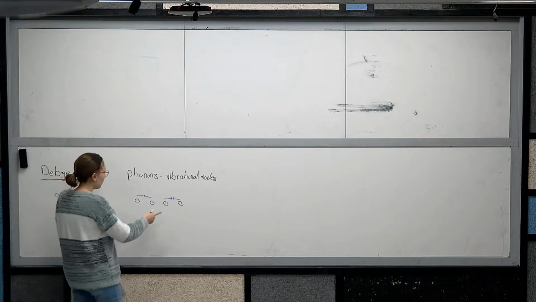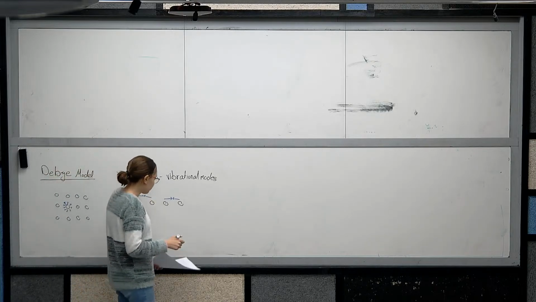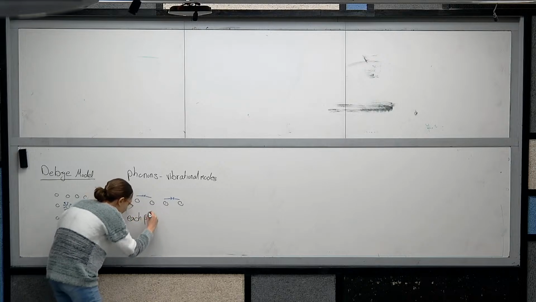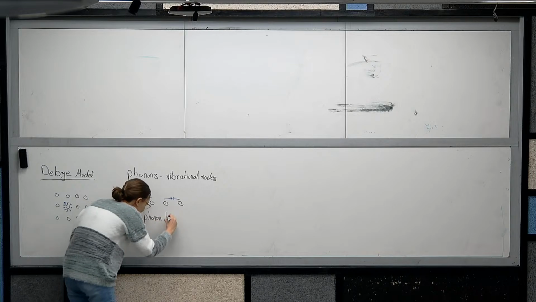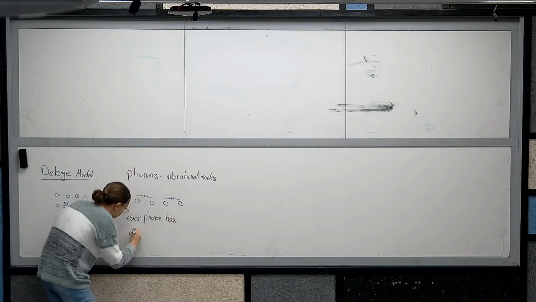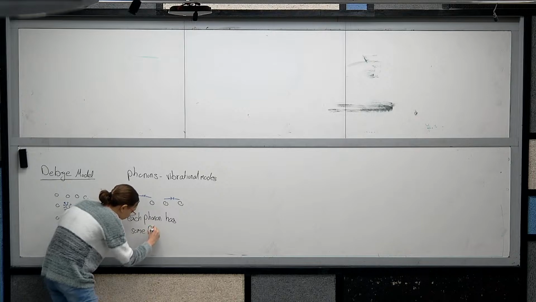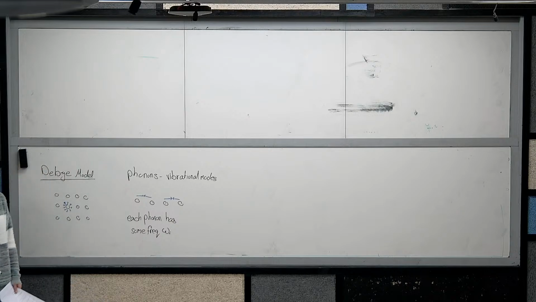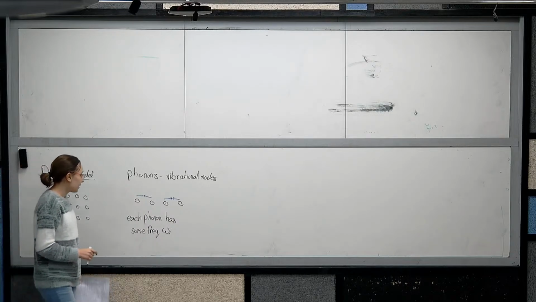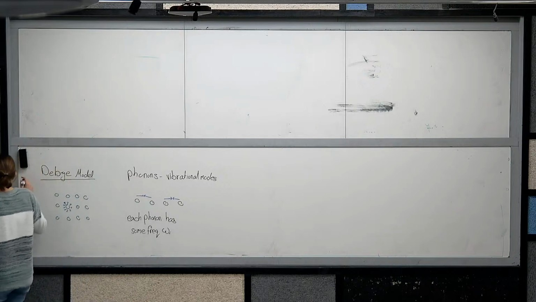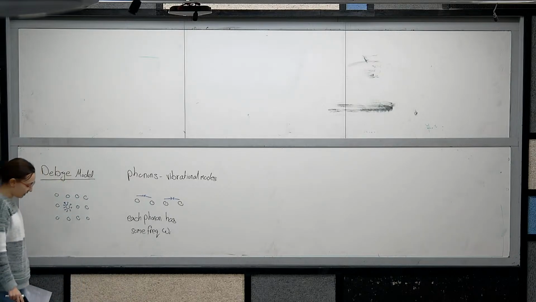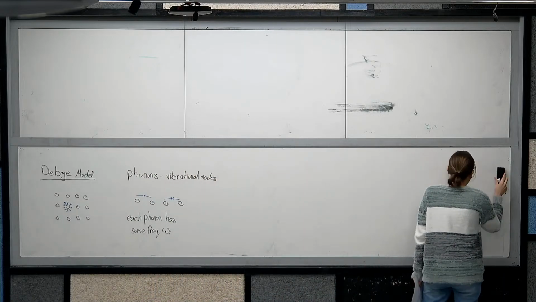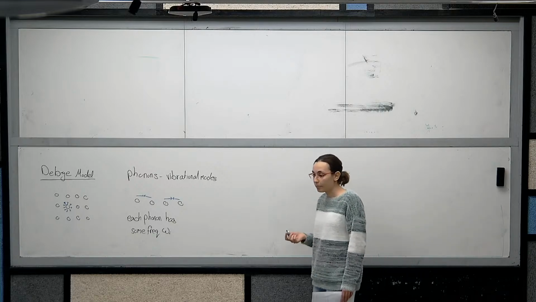Okay, so we're talking about phonons, and each phonon has a frequency, let's say some frequency omega i. And then we can look at the lattice as an ensemble, as a canonical ensemble, and write its partition function.